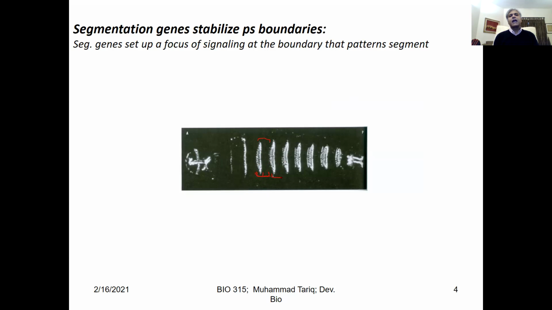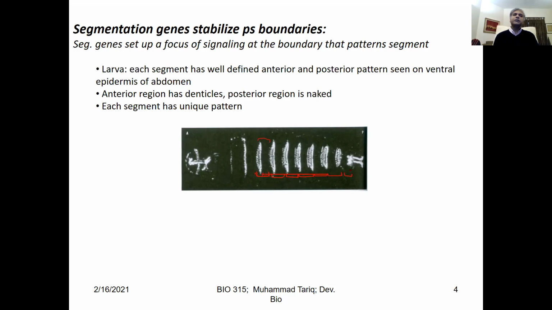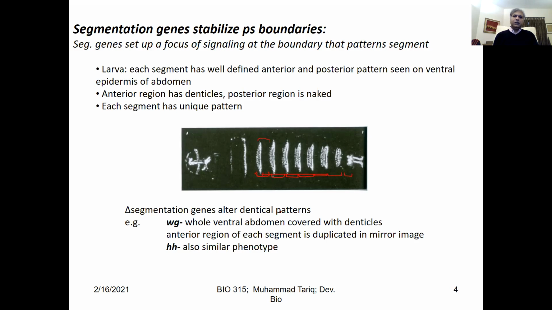Each segment has a unique pattern, and we learned that this pattern is due to wingless and hedgehog together with engrailed. How do we know this? Through genetics: once we had a wingless mutant, the pattern was disturbed. We got a mirror image, so this denticle belt was reproduced in the naked region as well.